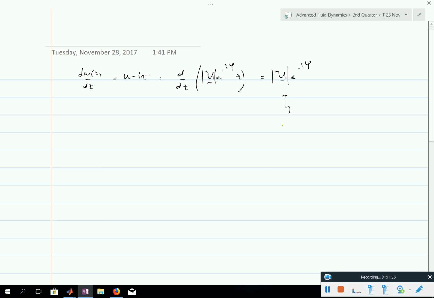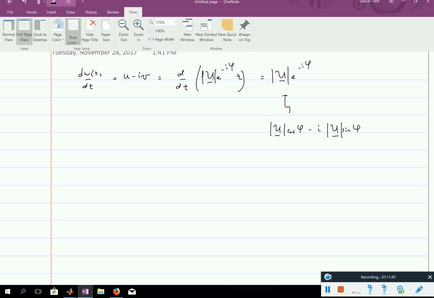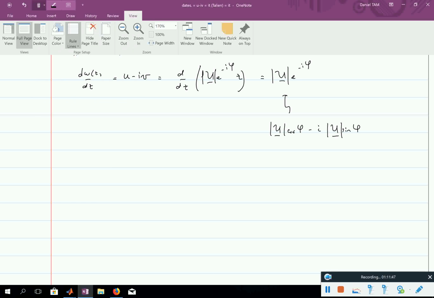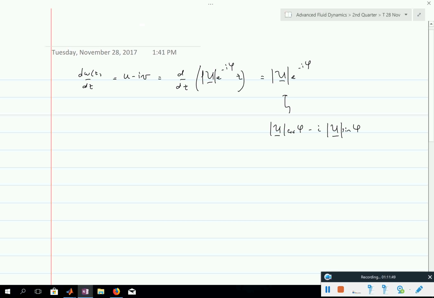Now, if I write it, this is U cosine phi minus i times U sine phi, right? You see that this here, U cosine phi, is the x component, right?